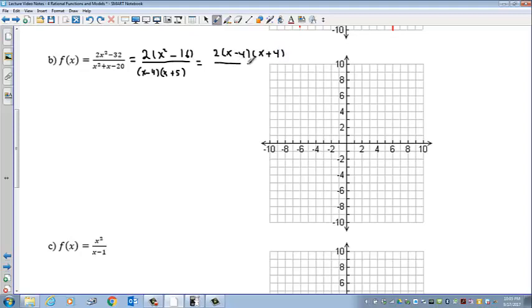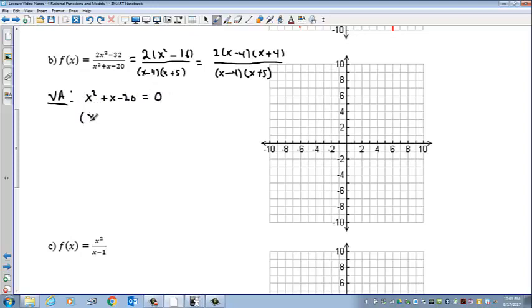And so what you want to notice is there's something kind of funny about this function. On the top you have x minus 4, and on the bottom you have x minus 4. What that actually means is that you have a hole in the function, not a vertical asymptote. So when you go to find vertical asymptotes here, you can set the denominator equal to 0. There's no problem with that. Set it equal to 0, because that's where the function blows up or blows down.